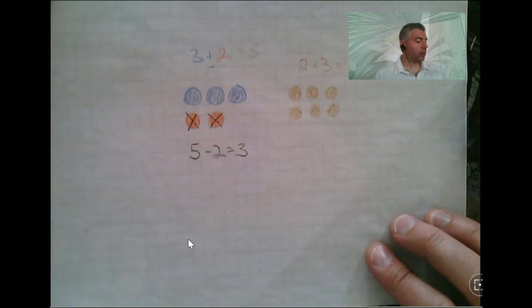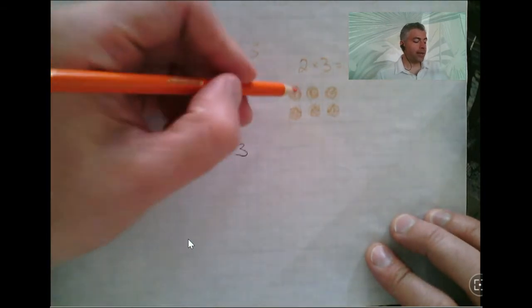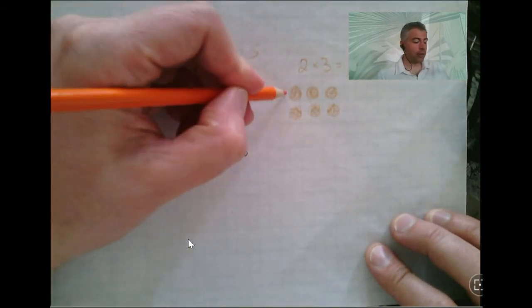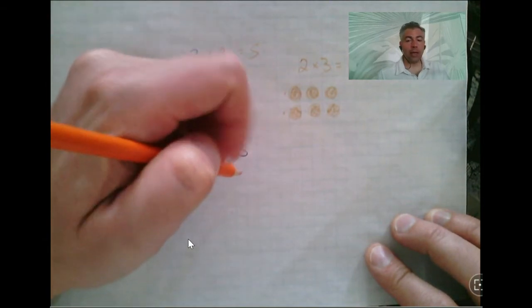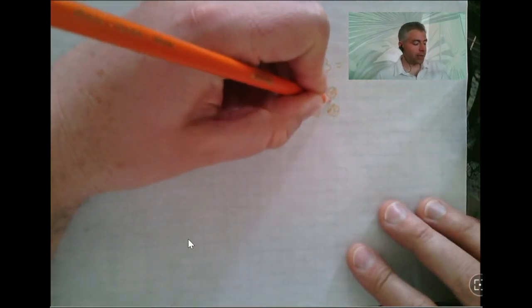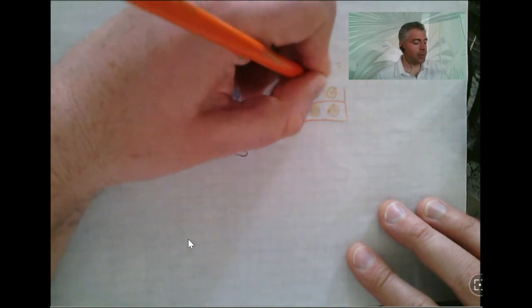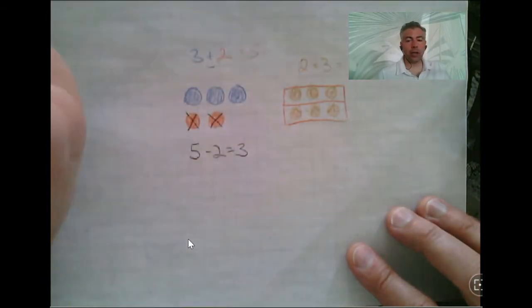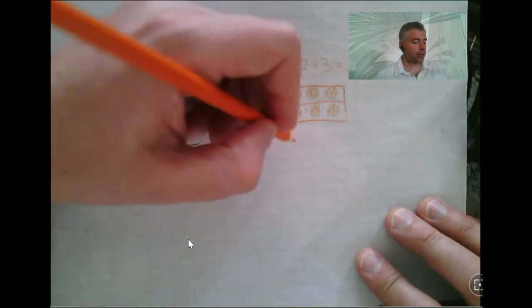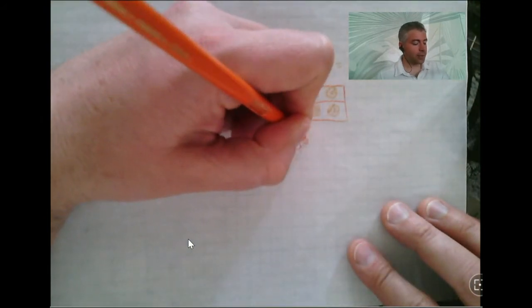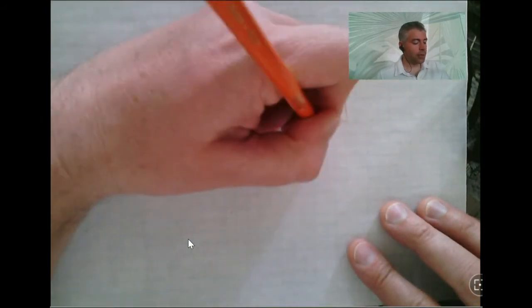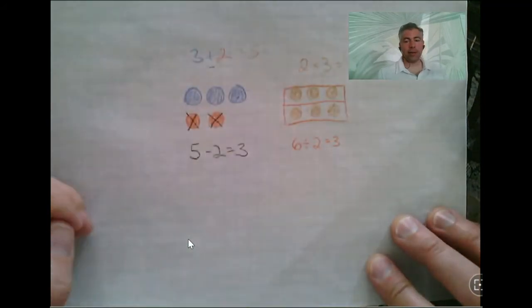We can also show that that is repeated addition, right? We had 3 and we added 3 more. And then we can also bring a foundation to division, which is the opposite of multiplication, the opposite of repeated addition, also known as repeated subtraction. So we have 6 things, we split them into 2 groups, and each group has 3 in it.